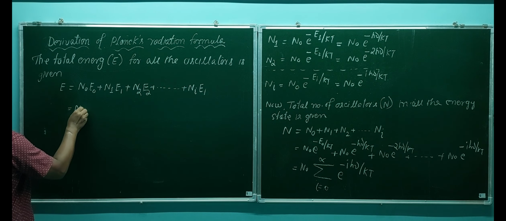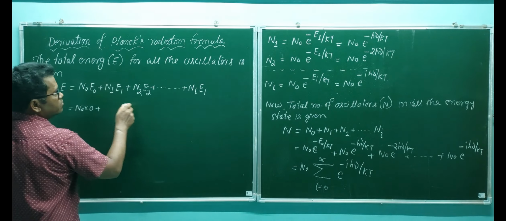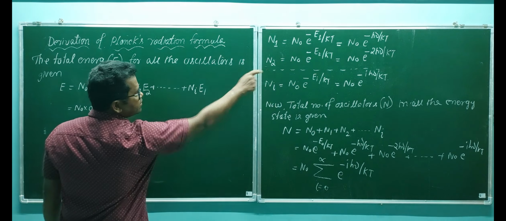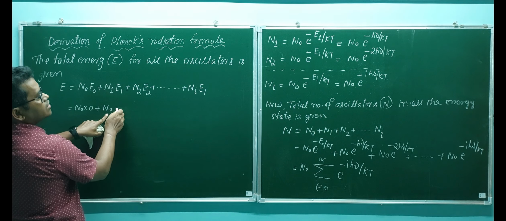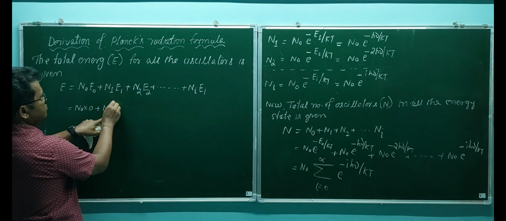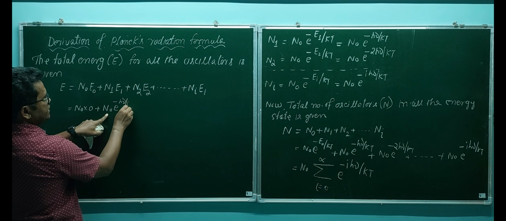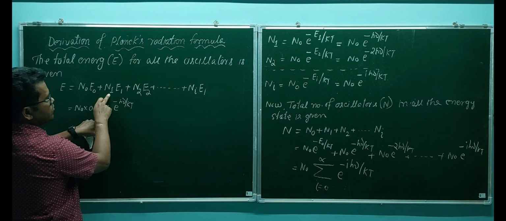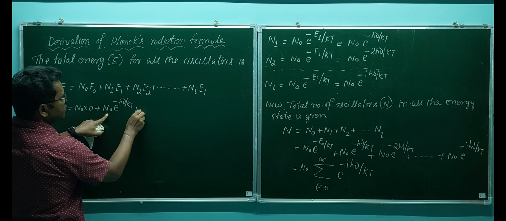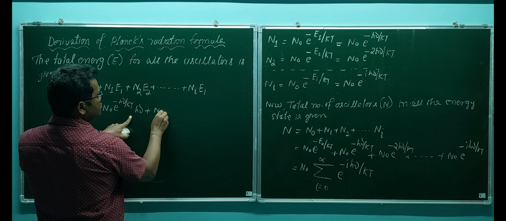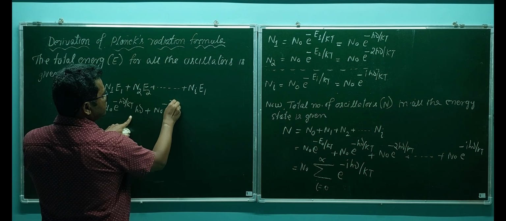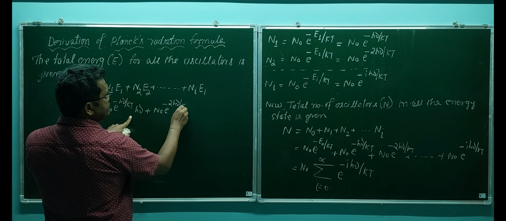Now N0 into 0 plus, what is the value of N1? The value of N1 is N0 e to the power minus h nu by kT. What is E1? E1 is h nu. Plus N2, which is N0 e to the power minus twice h nu by kT.